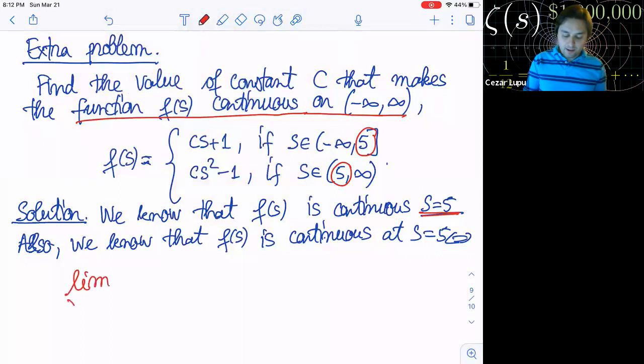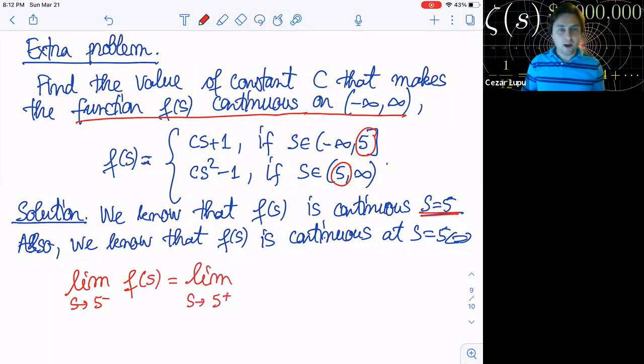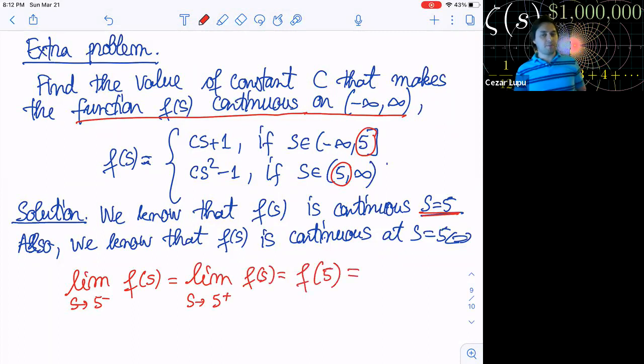The limit as s approaches 5 from the left of f of s, sorry, s, not x this time, is the limit as s approaches 5 from the right of f of s, and it's also the value at 5. So these three must be equal.